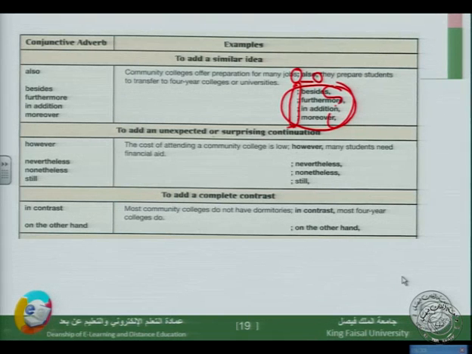أيضا we have some conjunctive adverbs مثل however, nevertheless, nonetheless and still.